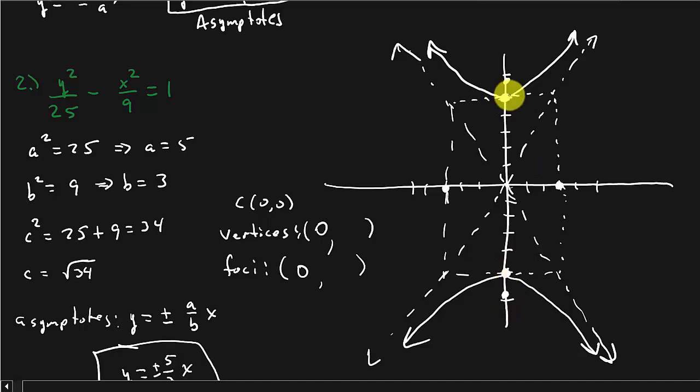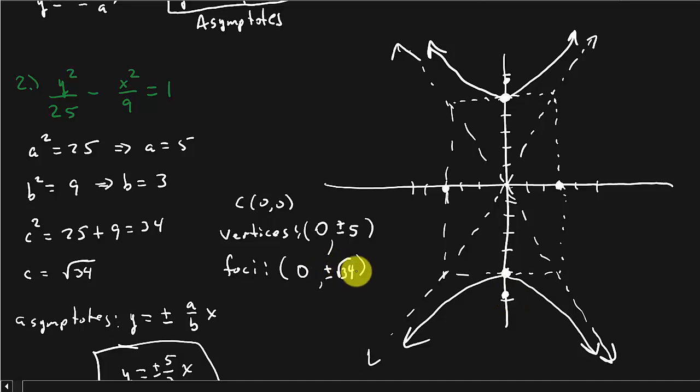This is your foci. I'm not going to label them with the point coordinates. You can do that, but I'm not going to do that. It gets just too cluttered up. So the vertices are going to be 0 plus or minus what? 5, because I went up 5 and down 5. The foci is going to be 0, what did I do? I went up square root of 34 and down square root of 34.